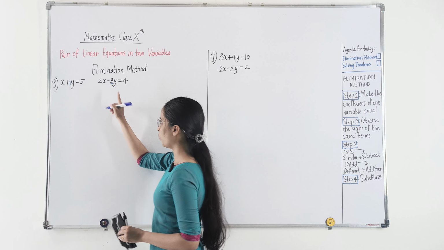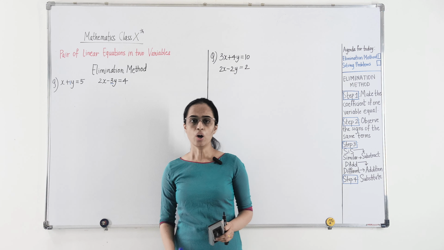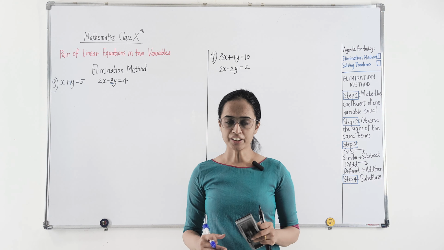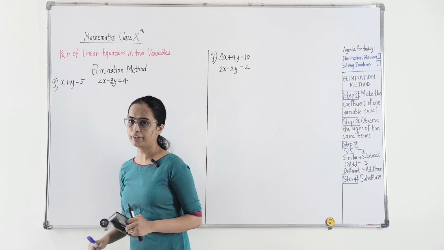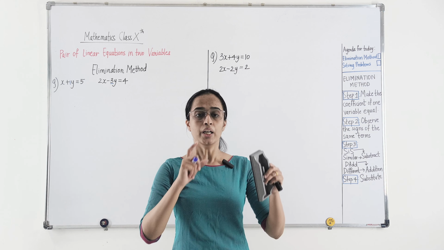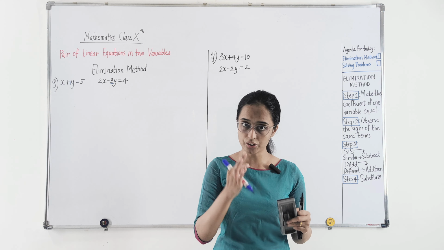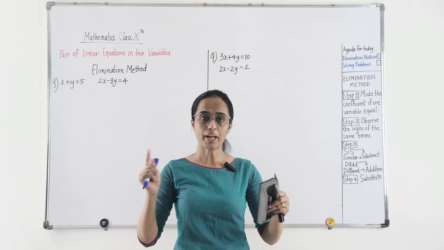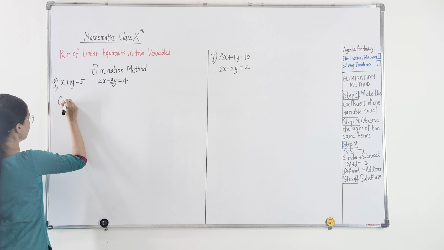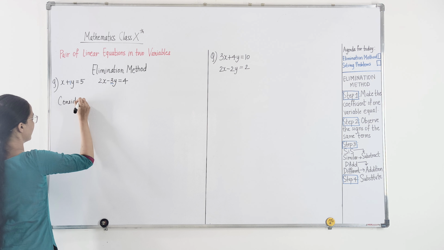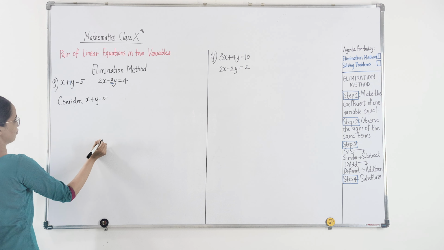So since you want to make the coefficient of y over here as 3, what are you going to do? According to step number 1, in order to make the coefficient of y as 3 in equation 1, you are going to multiply equation 1 throughout by 3. That is, you are going to multiply by 3 on both the sides. So consider x plus y equals 5.